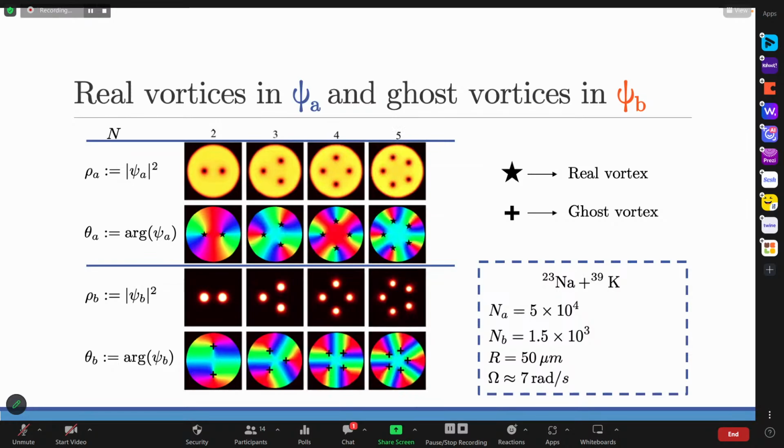So quite generally, we observe the formation of vortex polygons whose cores are filled by component B atoms, and we always see a sort of necklace of ghost vortices, which constitutes a sort of dual lattice. So here, if we have a real necklace, we get almost automatically a dual necklace of ghost vortices.